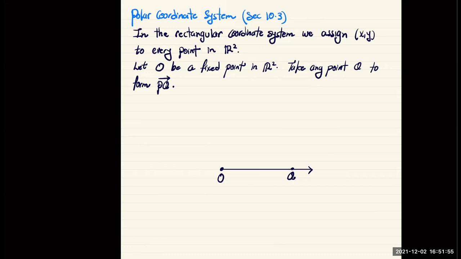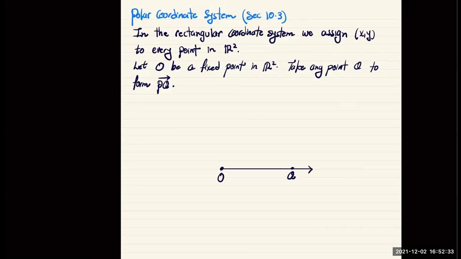All right. So in the XY plane, we have the x-axis and the y-axis. Those are called the coordinate axes. Here we don't have an x-axis and y-axis. We have a polar axis, and the polar axis is just a half line. It's basically the same as the positive x-axis.